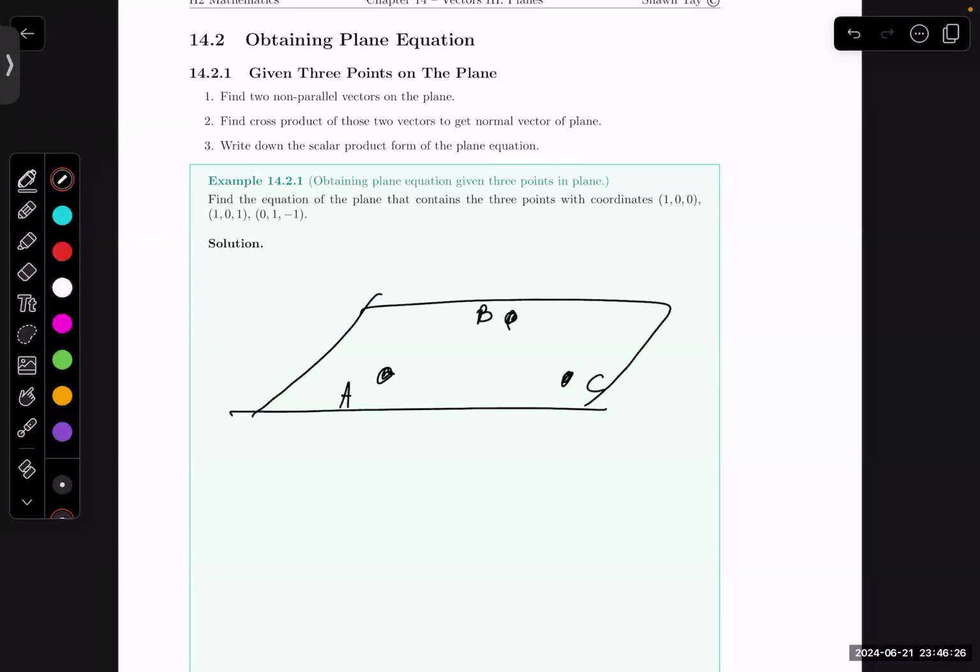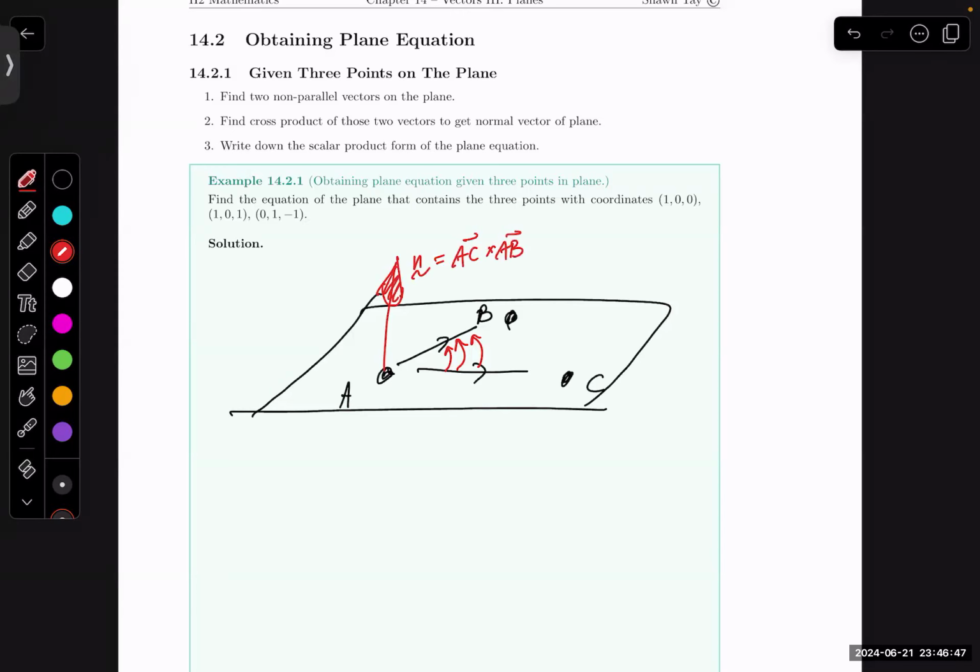What I'm going to do is find 2 vectors and cross the vectors, so sweep the vectors like this. I'll grow a normal vector, which I can call AC cross AB.